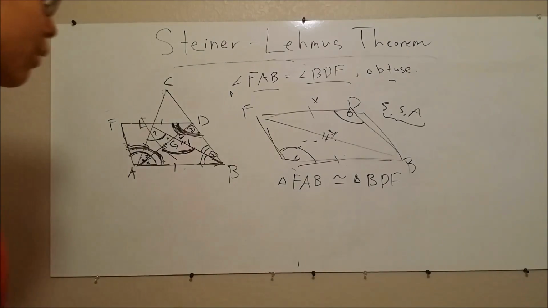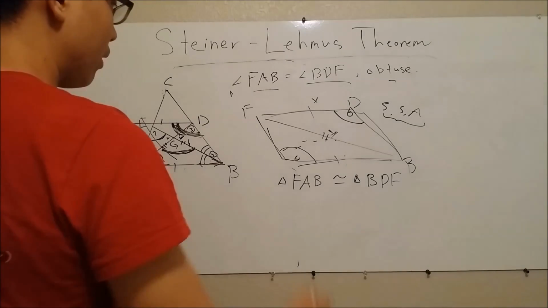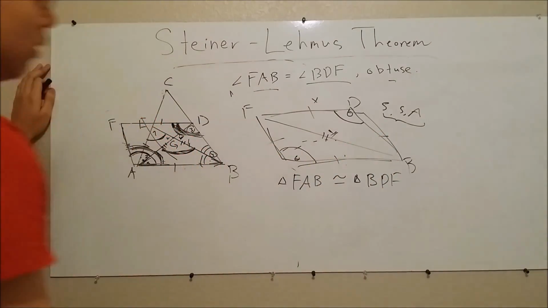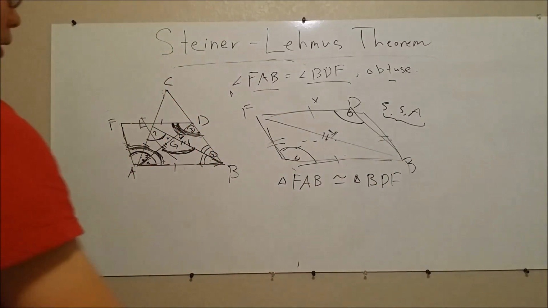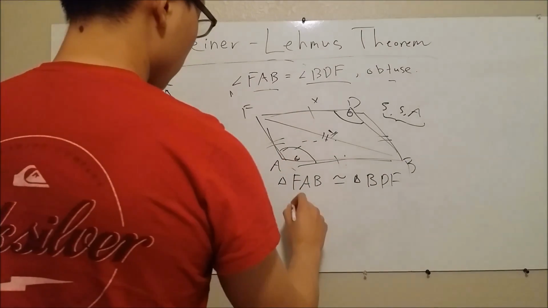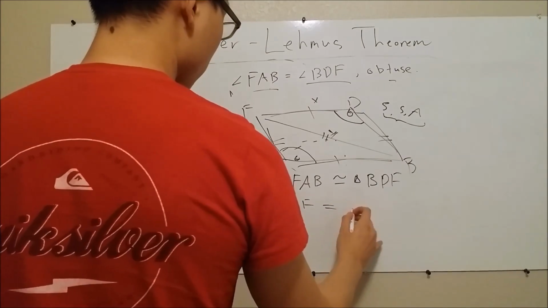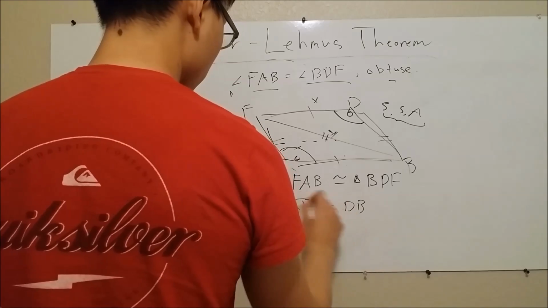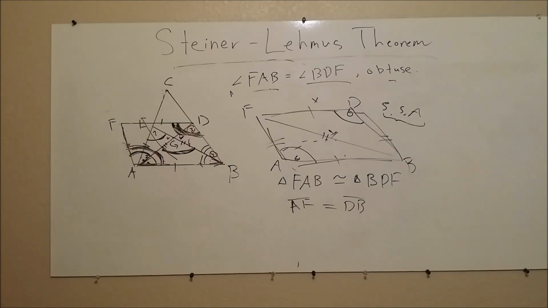Alright, so what can we get from here? Well, first of all, now we know that these two edge lengths are equivalent. Right? That is, AF is equal to DB. Right? Okay?